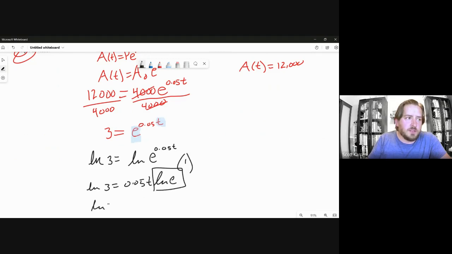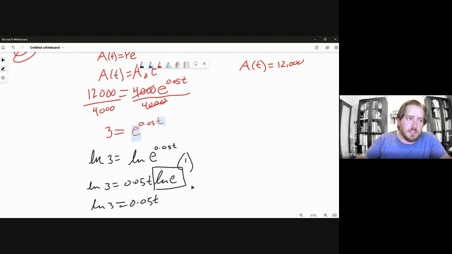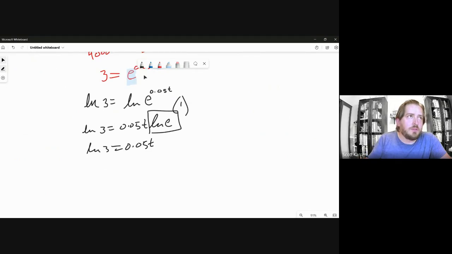So the natural log of 3 is equal to 0.05t, and so I just divide each side by 0.05.